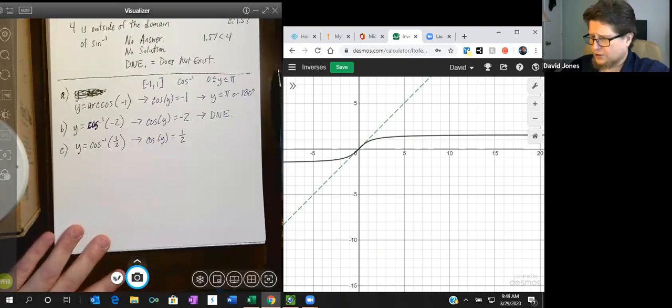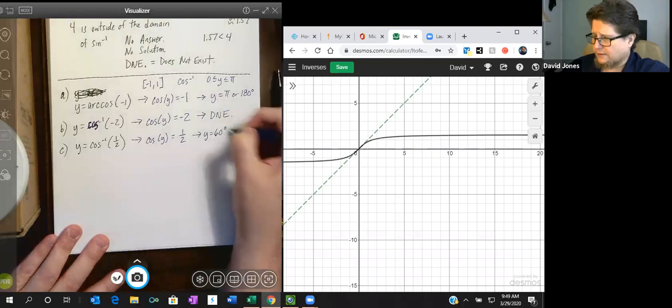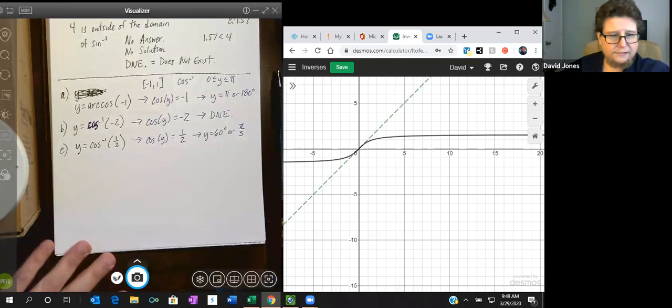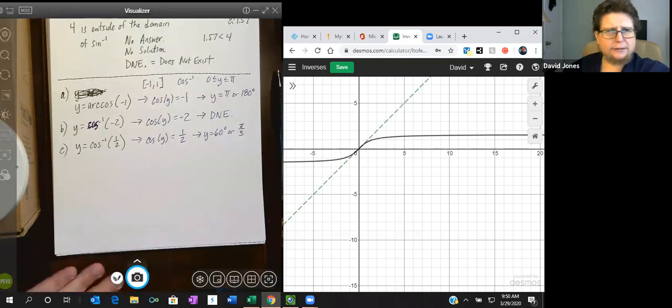And the angle where cosine equals 1/2 is 60 degrees. I think you get the idea, right? Pretty straightforward.